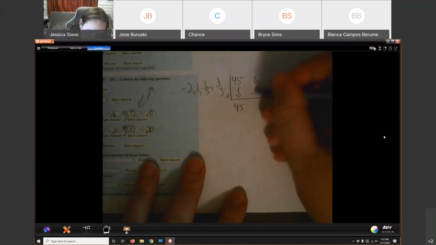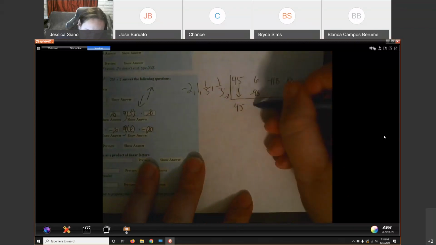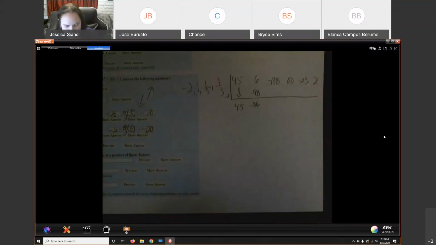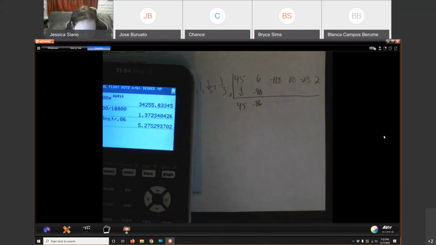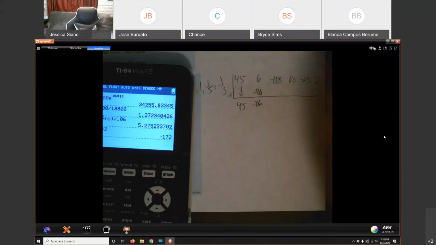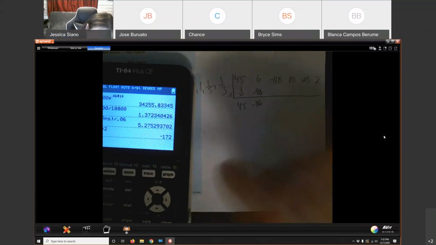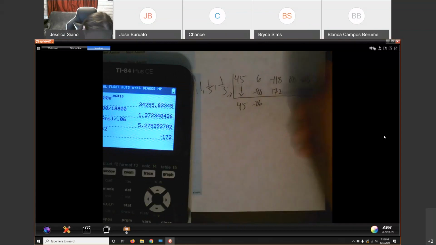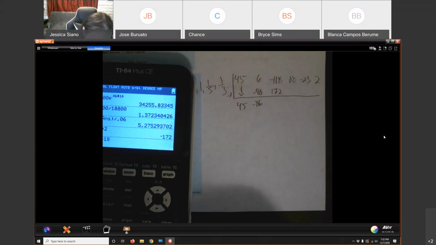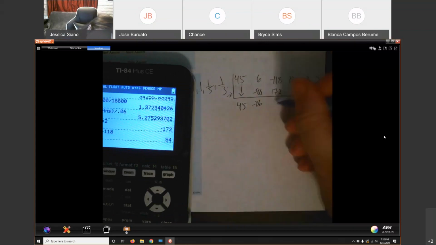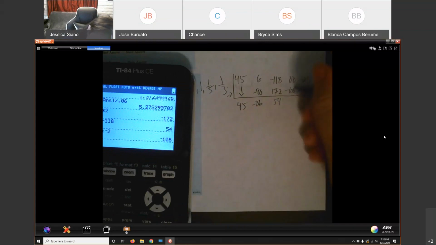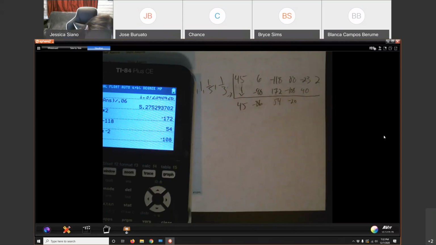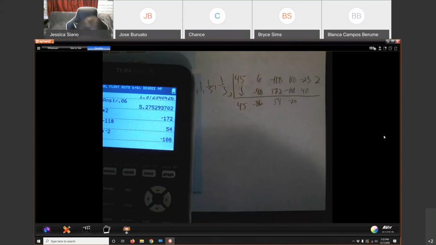It's negative 90, negative 86. Oh, that's a negative 2, so this would be a positive 172. 54. Would be a negative 84, actually. Negative 108. Going to be negative 20. Positive 40. What did I do?